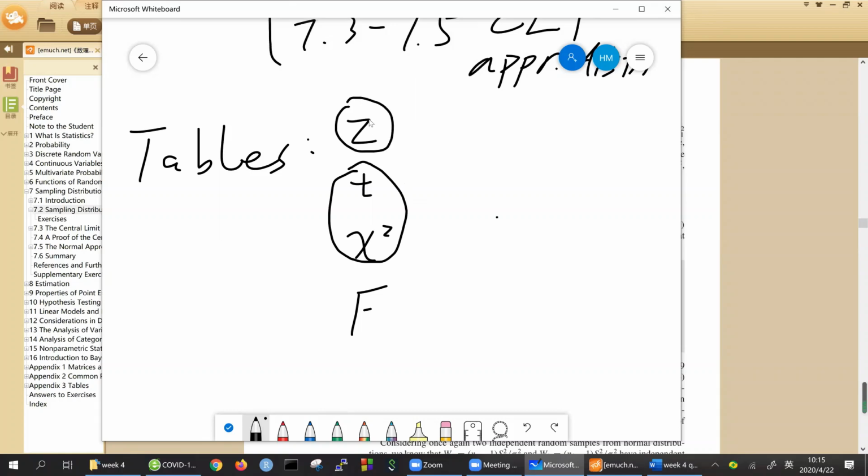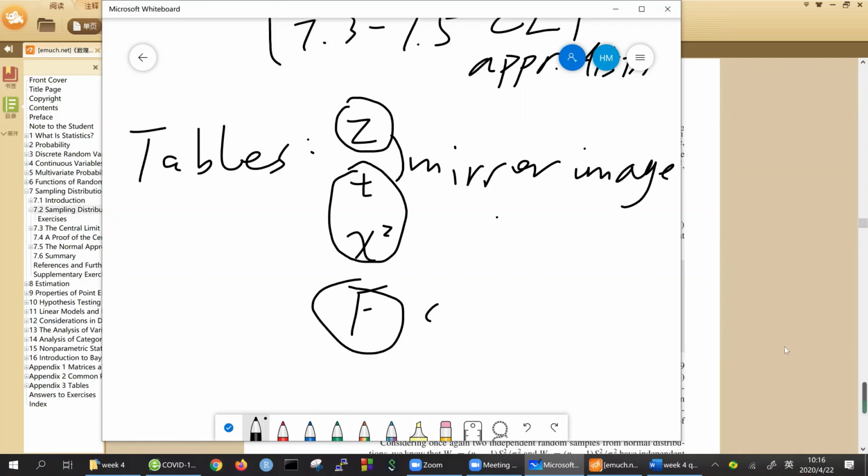Z is different from these two, they are, I would say, mirror images of each other. And the F distribution table, you can just conclude it as complicated, because as we've talked about in class, F has 2 degrees of freedom, df1 and df2. You have to incorporate both in a 2D table.